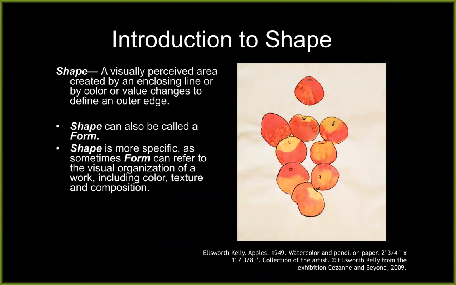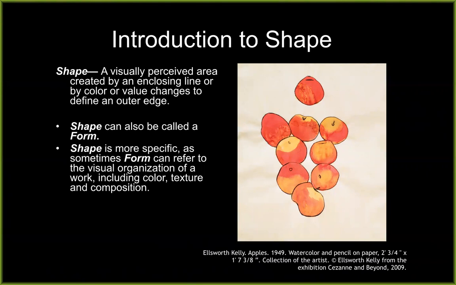Shapes have volume, or they appear to have volume. The definition that we use is a visually perceived area created by an enclosing line or by color or value changes that define an outer edge. Shape can also be used to call form, but shape is more specific.